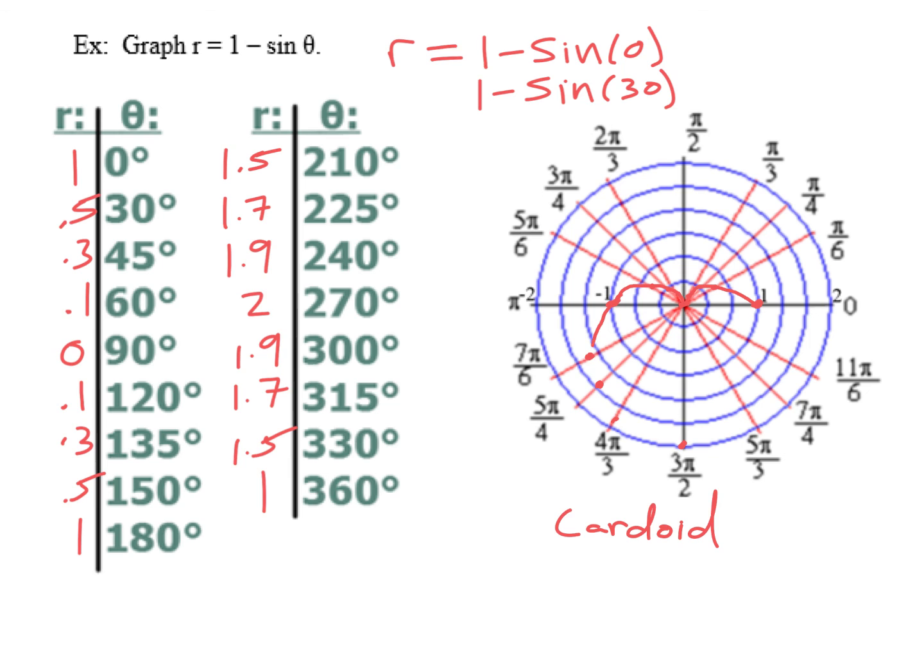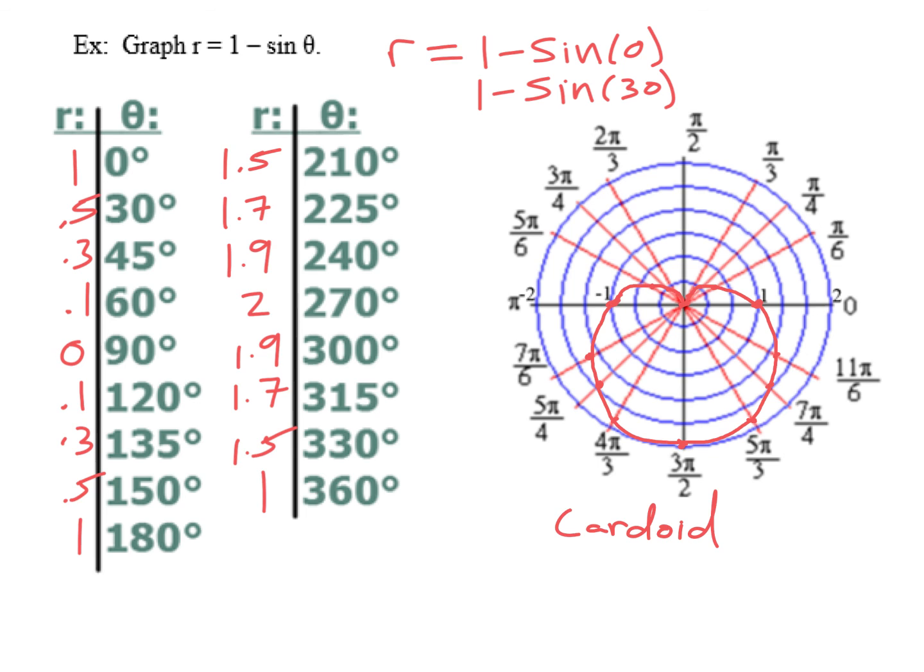So it goes through here, and it does the same motion, but now it really starts to widen out. 300, it was 1.9. 315 was down at 1.7. 330 at 1.5, and at 360 back to 1, so I'll connect those.